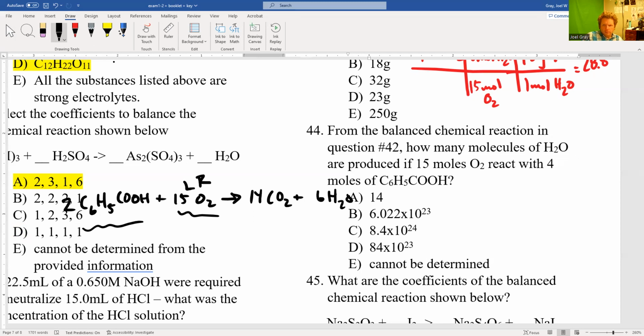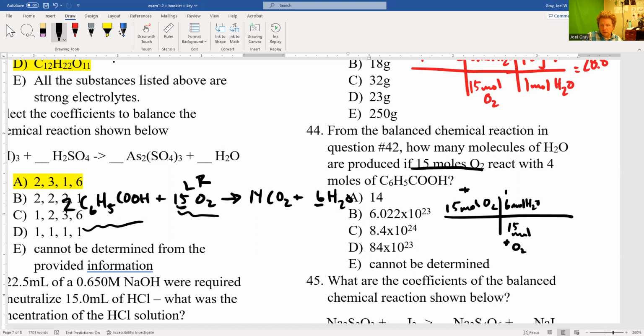So we can set up our reaction to say 15 moles of O2. I'm asked about molecules of H2O. So this is what I was provided with from this part of the problem. 15 moles of O2 to 6 moles H2O. So that 15 here is this 15 right here.